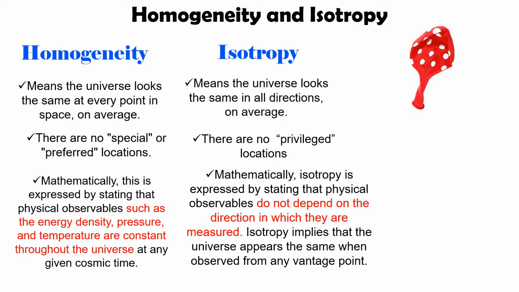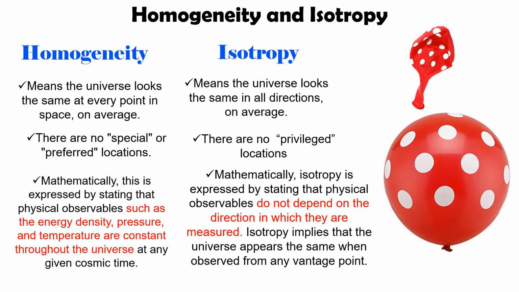Now look at this deflated balloon. The red balloon has white dotted points, and you can imagine those as galaxies. Now I inflate that balloon and I use these marks. You can see that the yellow lines are showing the distance.